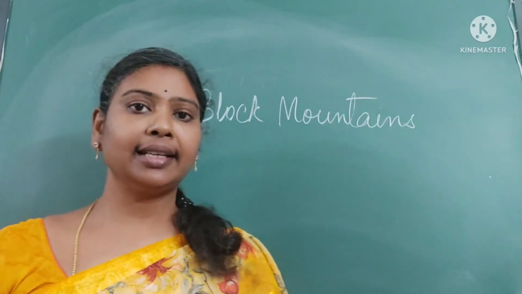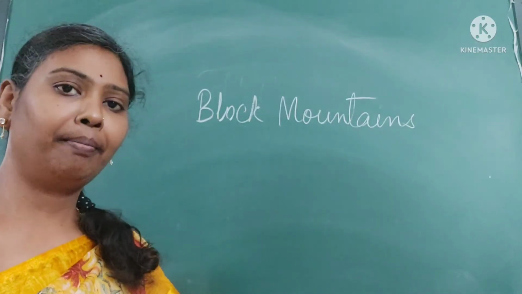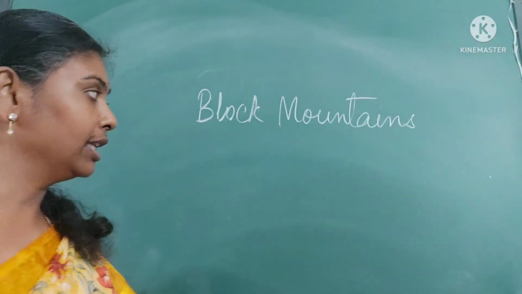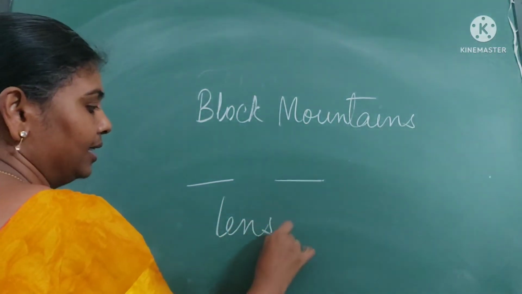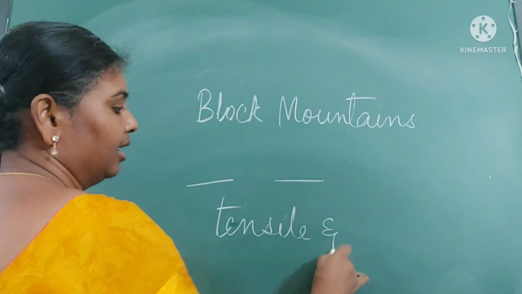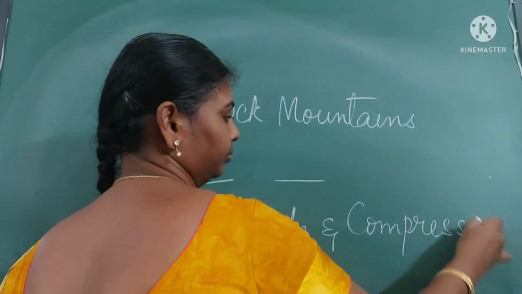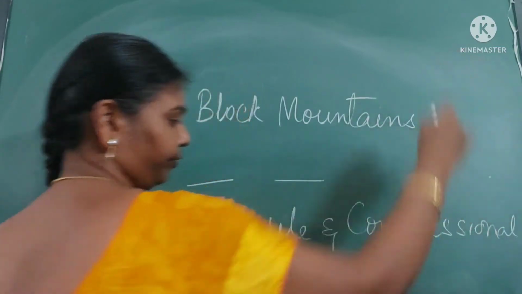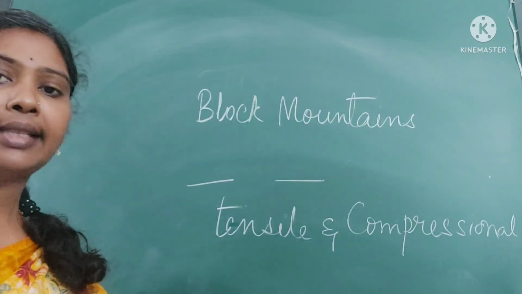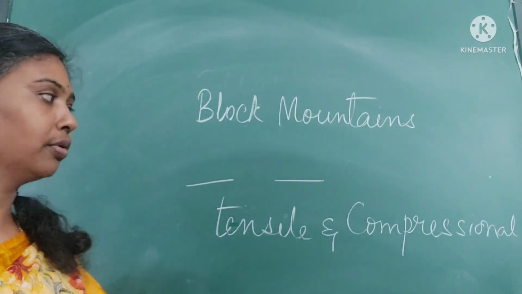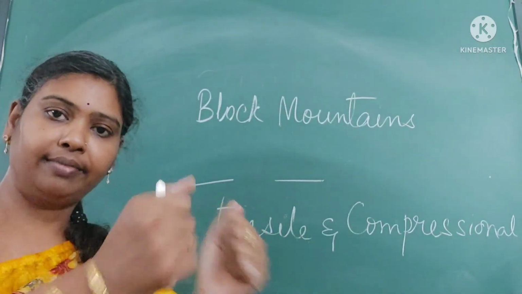So now let's discuss the block mountain, the second type of mountain. Block mountain is also formed by tensile and compressional forces, horizontal forces, this way and this way.